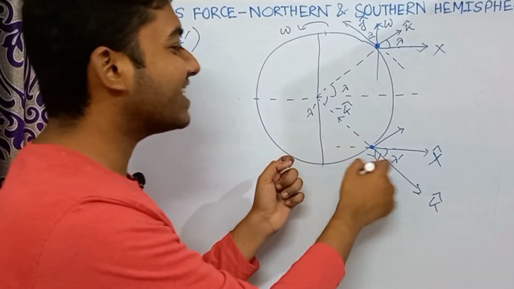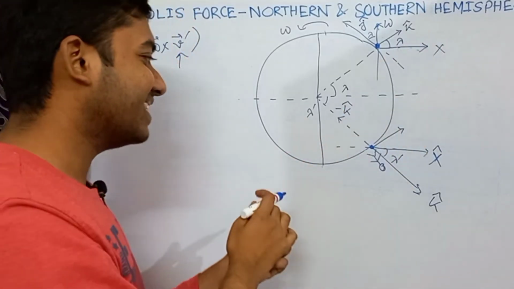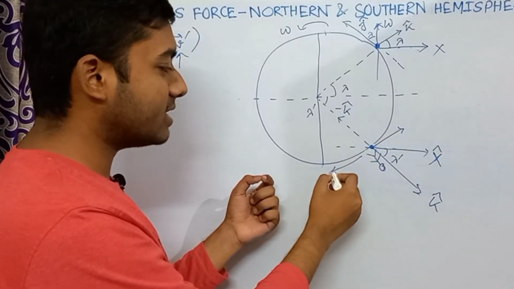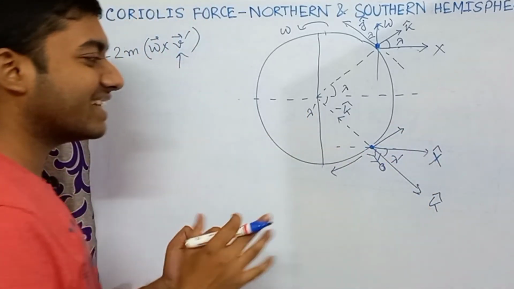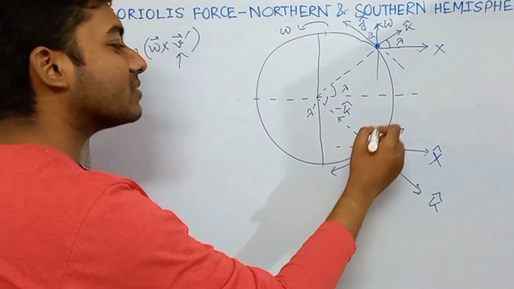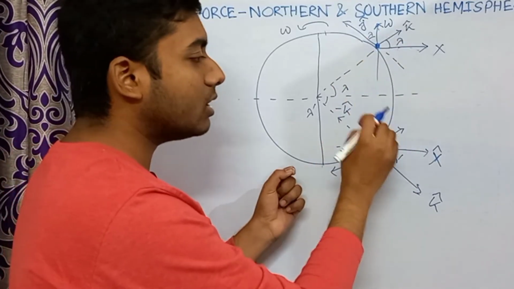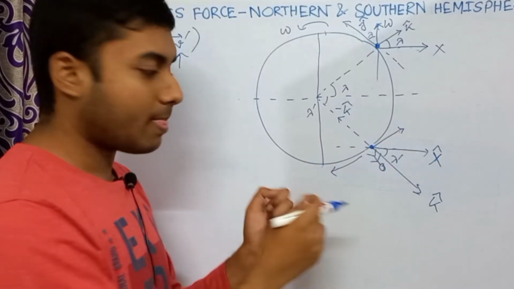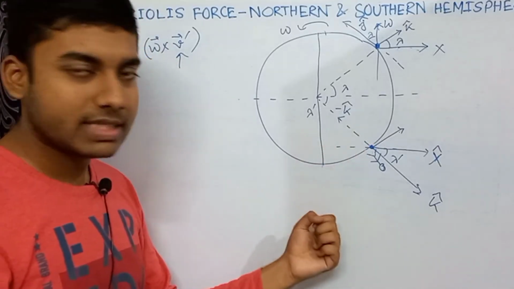That is, for this person, what will be the north and south? You can easily understand that for this person also the south will be in this direction and the north will be in this direction. So for this person, the direction of the local north will be in this direction. So the direction of the south will be just opposite to this.